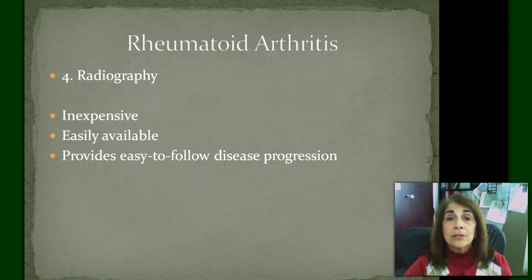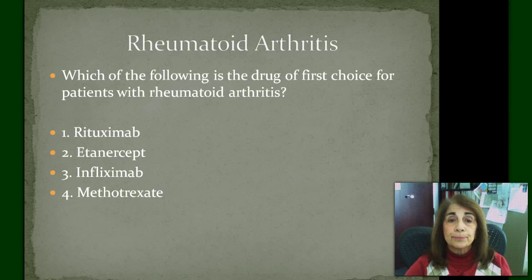MRI is the definitive test to order, but that usually comes later on. And in clinical practice, the insurance companies will push you to do the X-ray first, and they base their recommendations on evidence-based medicine also, and what's in the research.